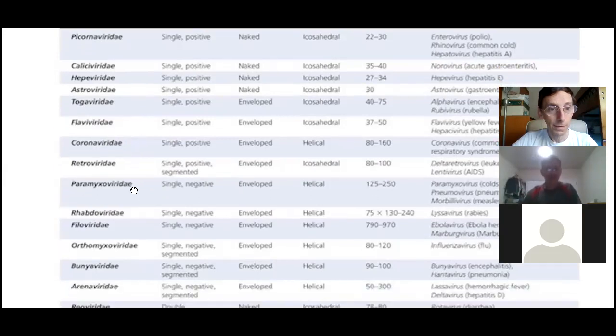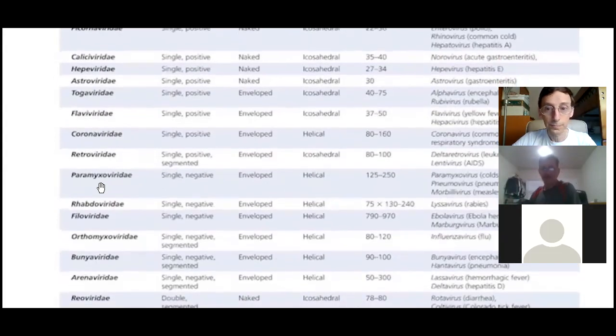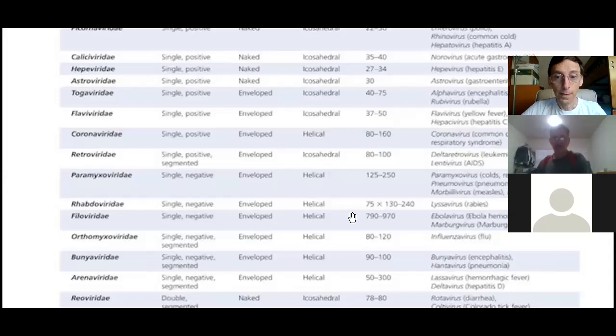And then Retroviridae, that's the retroviruses. They're different from all the other RNA viruses, so we'll talk a little bit about that family of viruses. The paramyxoviruses cause colds and respiratory symptoms like pneumonia and the flu.